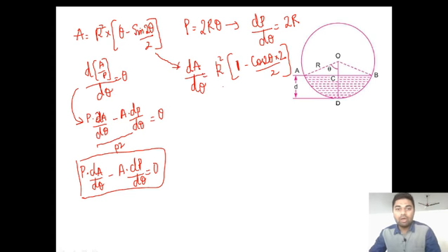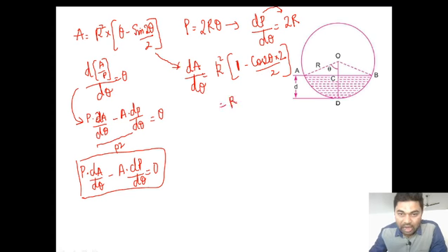This is the value we get by differentiating the area equation, and that is the value we get by differentiating the wetted perimeter equation, 2r.